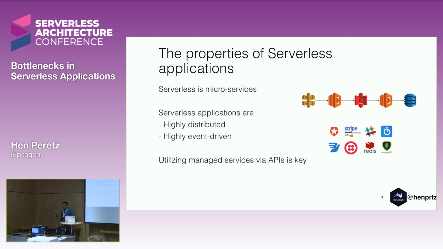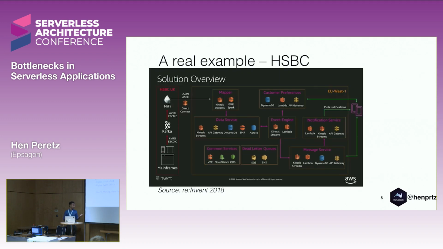I think the best example that I came across of that sort of shift in the state of mind for moving from monolith to serverless was presented at re:Invent last year, if anyone here has been there. It was HSBC, one of the largest bank companies.